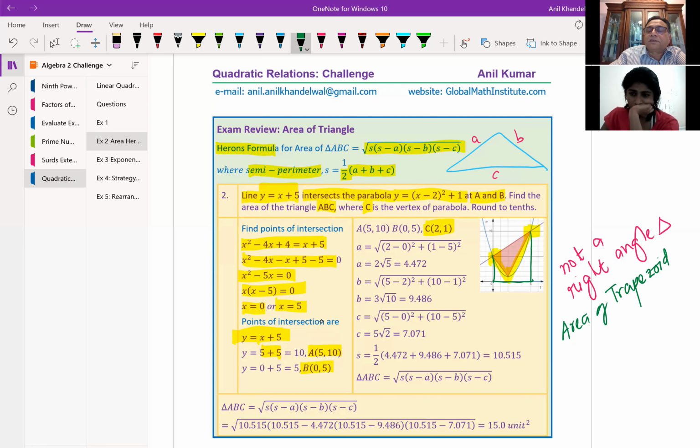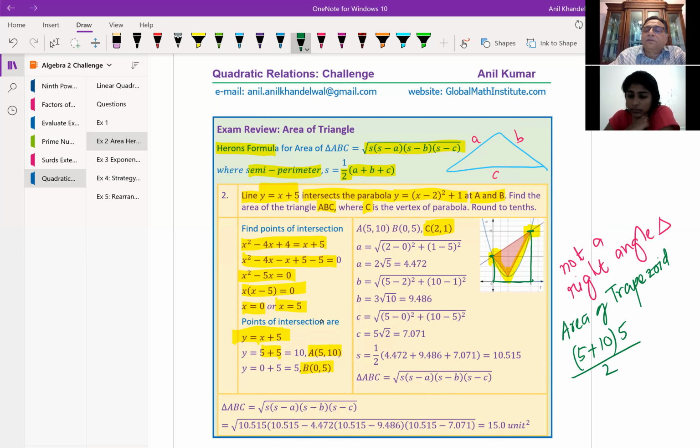Of course, the parallel sides are easy to calculate. Those are the y values. Do you see those y values? Which in this case is 5 and 10, right? So that is 5 plus 10, times the height, which is the distance between them. And the distance between them is from 0 to 5, which is 5, and divide by 2. So that is the area of the trapezoid.